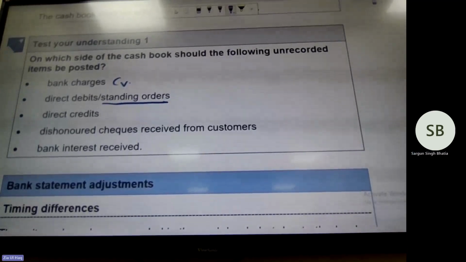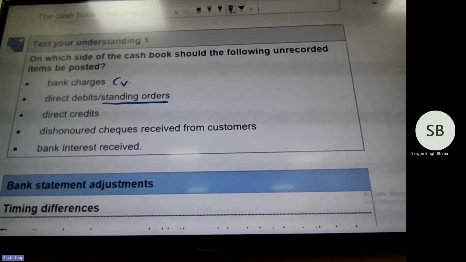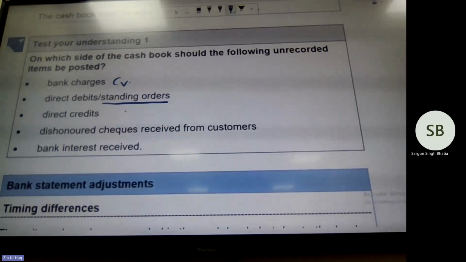We have arranged a standing order with our bank that every first of every month, $100 should be paid from our bank account to that internet company. And bank will automatically pay to that internet company without informing us on 1st of every month. That is called standing order.